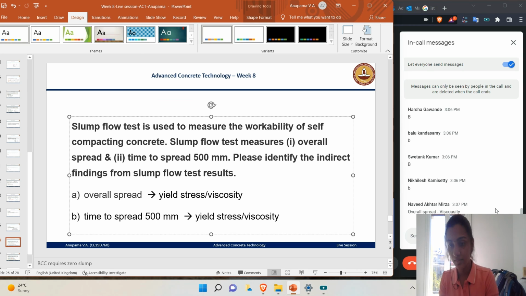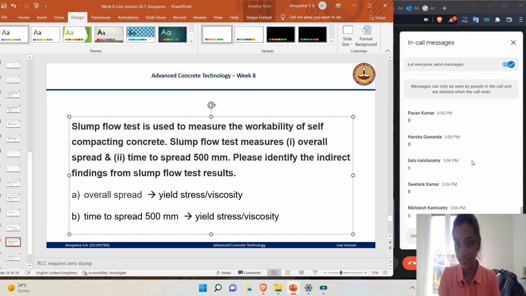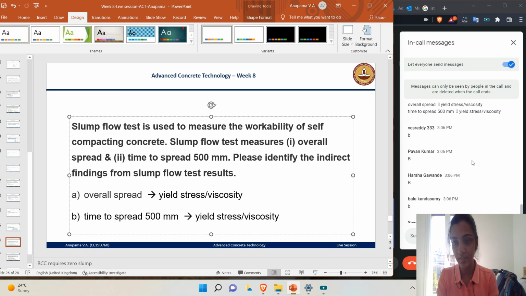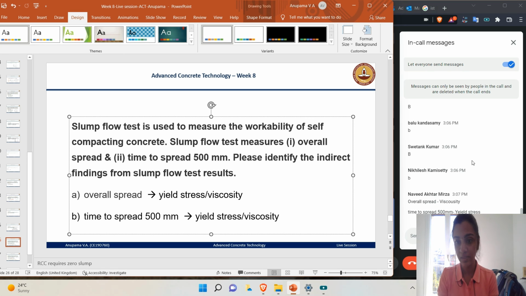Okay, Naveed commented that overall spread indicates viscosity. Okay. I seriously didn't understand what that B meant. Everyone was commenting B, B, B. Okay, time to spread indicates yield stress.